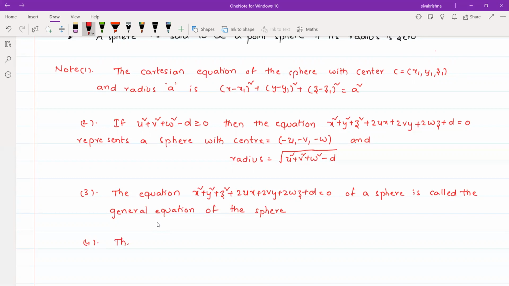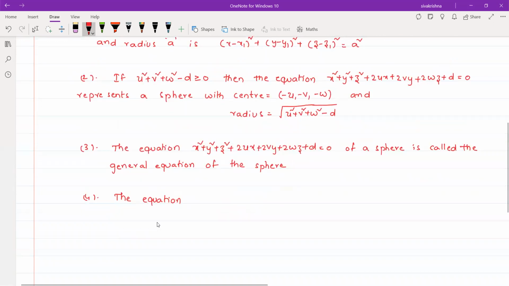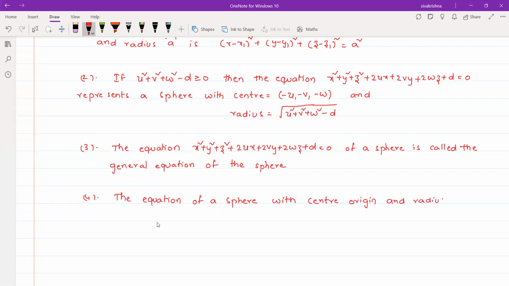the equation of a sphere with center origin and radius small a is x square plus y square plus z square is equal to a square.